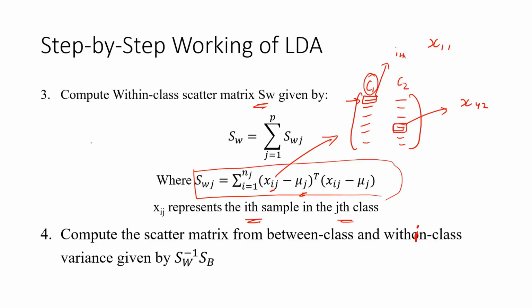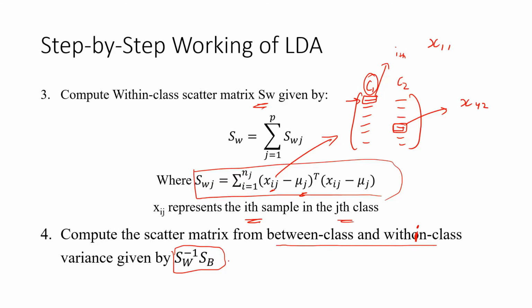Now after the within class and between class scatter matrix are calculated, you have to compute the scatter matrix from the between class and within class variance given by this. Now you must be wondering why this SW inverse is there and why this SB is there.